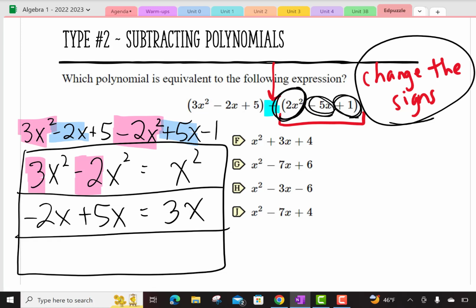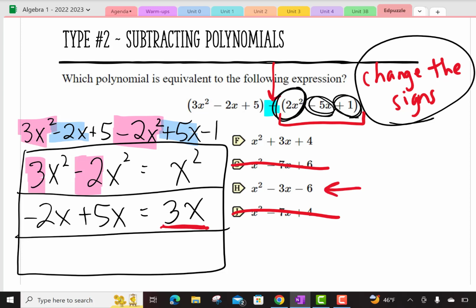And you can eliminate answers too. For example, right, you have 3x. This option does not have 3x, so you can eliminate it. That's not an option. This one does not have 3x. You can eliminate it. It's not an option. Okay? And we know it's positive, so we can also eliminate this, right?